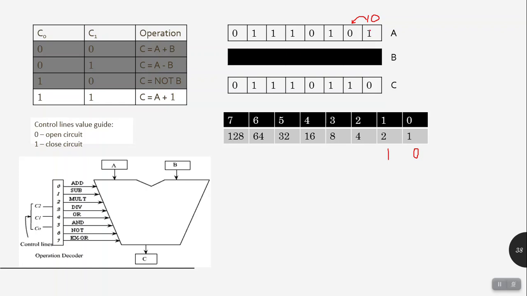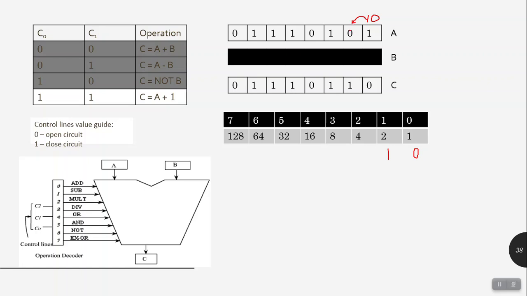Since each cell can only contain one symbol, either 1 or 0, we will retain 0 in the first cell, and this 1 here would become a carry to the next cell.